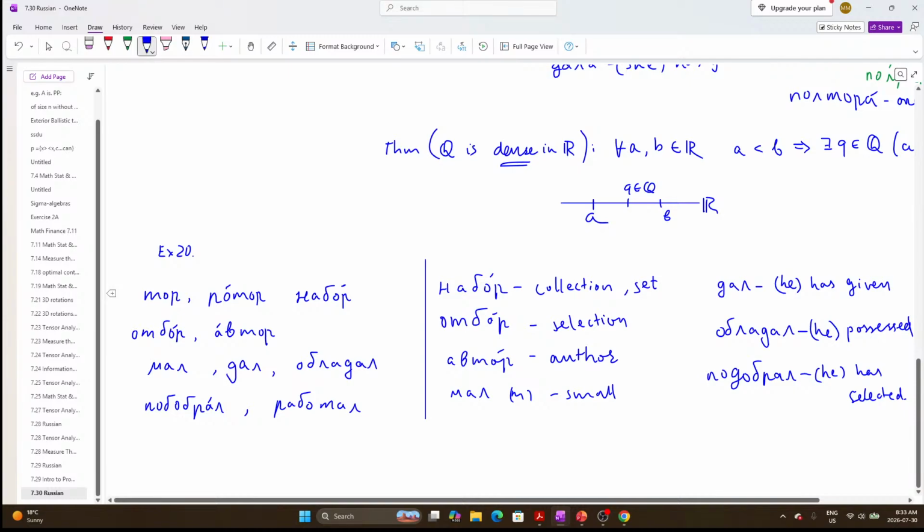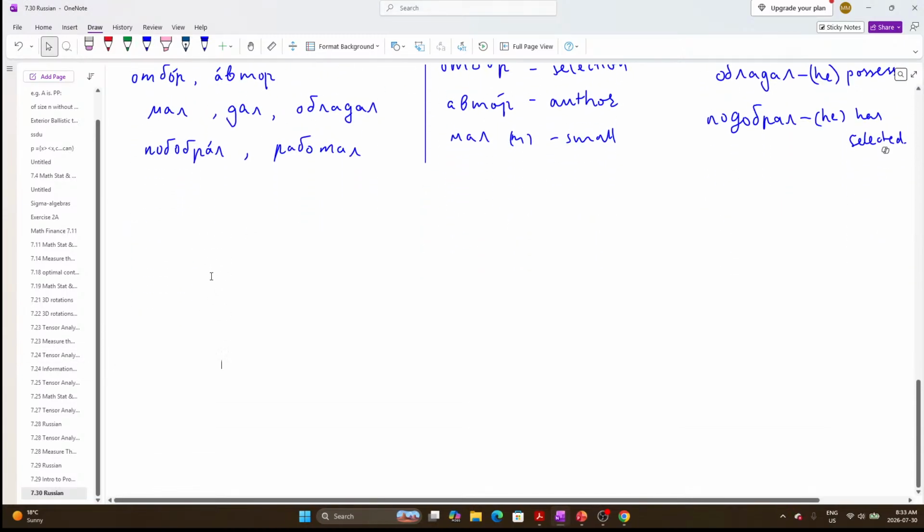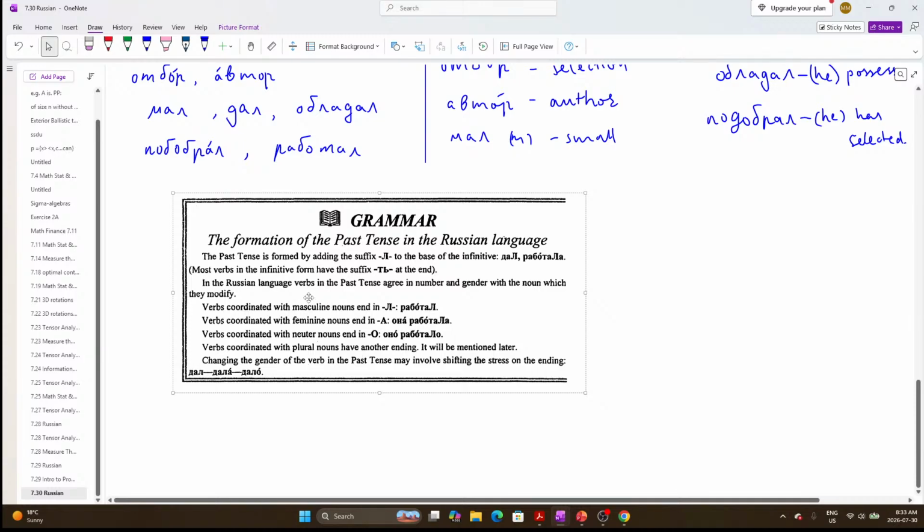Okay, so now we have a little grammar section. Let me just give the screenshot because that's a lot of words. Here, grammar says the formation of the past tense in the Russian language. The past tense is formed by adding a suffix L to the base of the infinitive. Dal, работ. Sorry, this is feminine, right? Работала. Most verbs in the infinitive form have the suffix ть at the end.